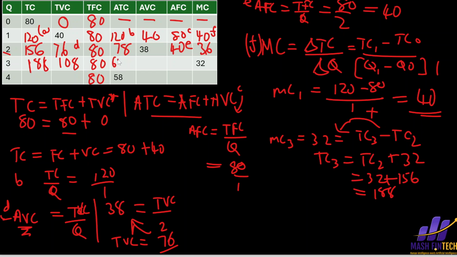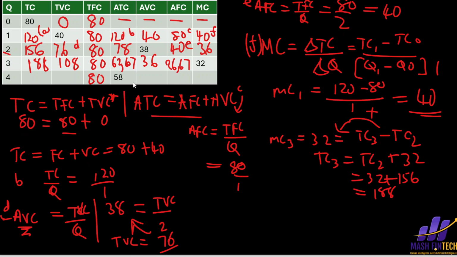It's 62.67 to 2 decimal places. The average variable cost, the variable cost is 108 divided by 3, must give you 36. Then 62.67 minus 36, it must give you 26.67. Alternatively, you could take the fixed cost of 80, divide by 3, and it gives you the same answer of 26.67. It must be the same.